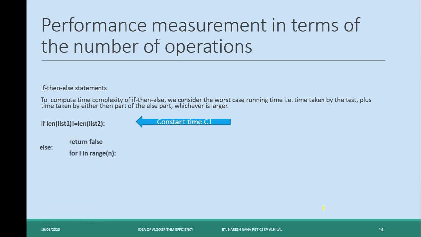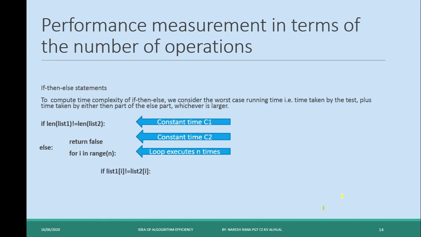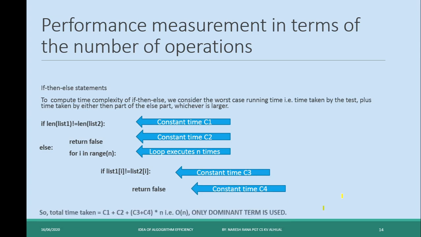Else, return false; for i in range n, this is constant time c2 and the loop executes n times. If list 1 i is not equal to list 2 i, this is constant time c3, else false, constant time c4.